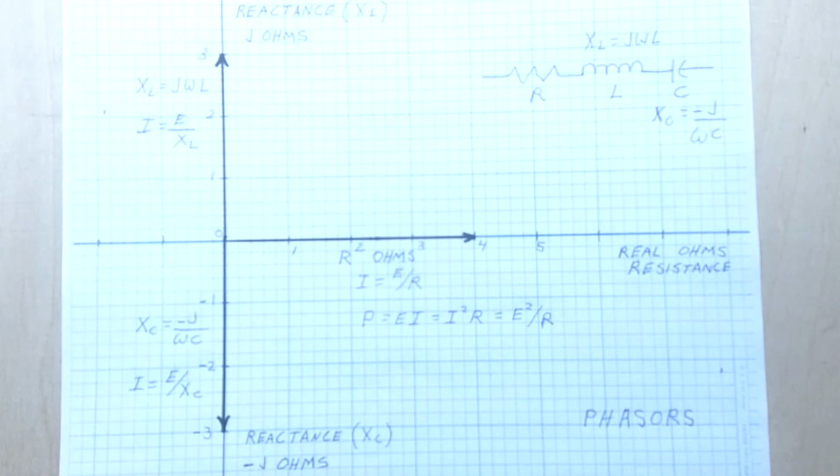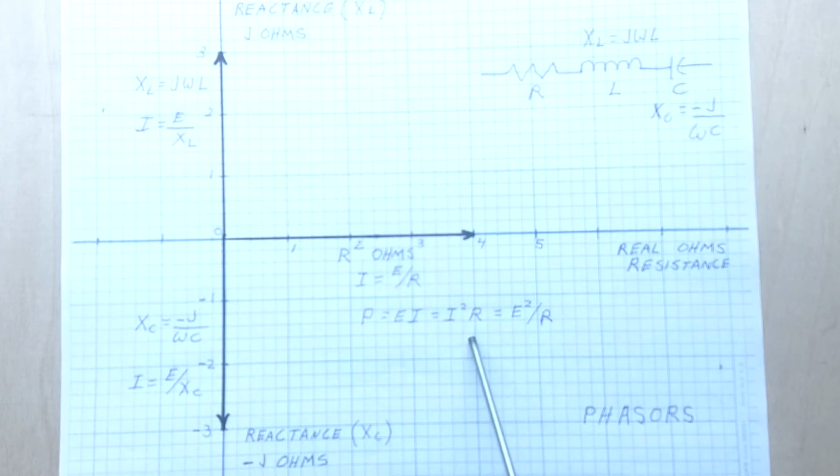At this point, real and imaginary ohms behave the same. When current passes through real ohms, however, power is dissipated as heat, according to ohms times the current squared. There is no power dissipated in reactors.